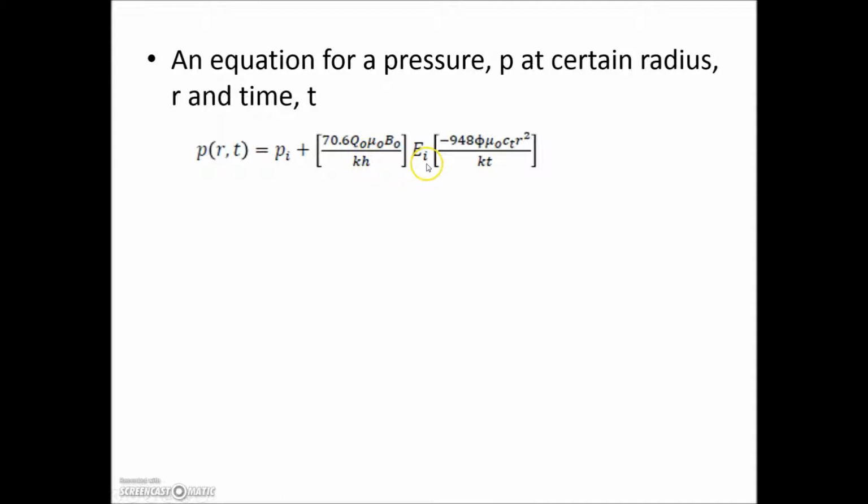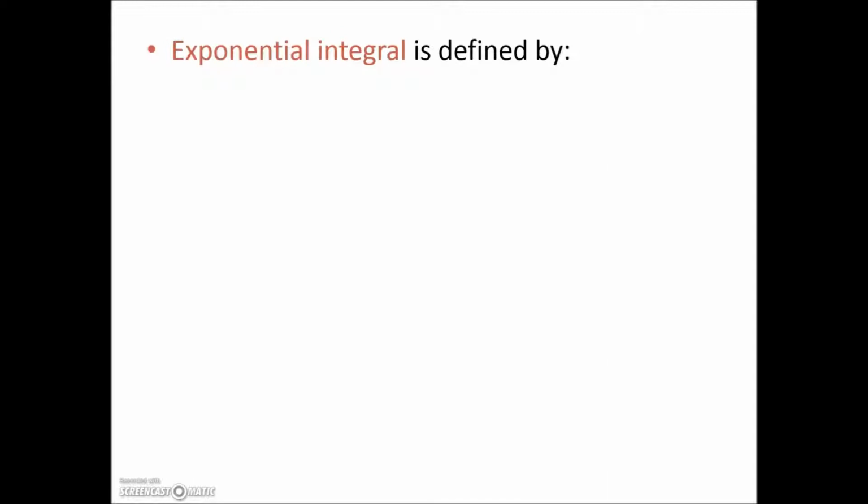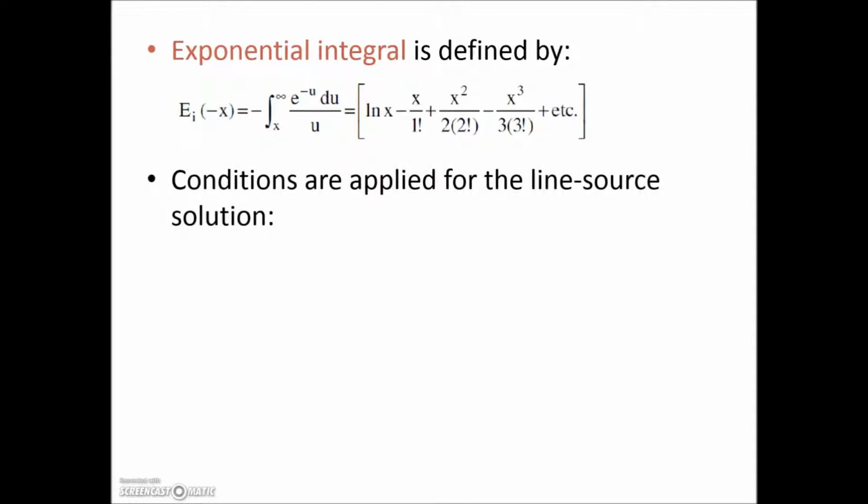This equation itself is called the line source solution. The exponential integral is defined by this equation, which is integrated to become this. The conditions are applied for the line source solution.